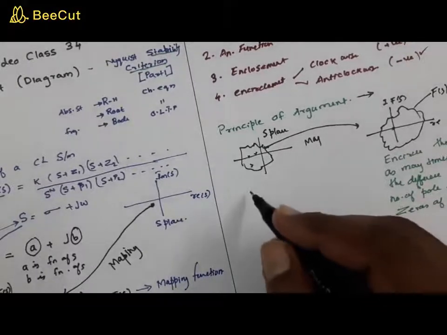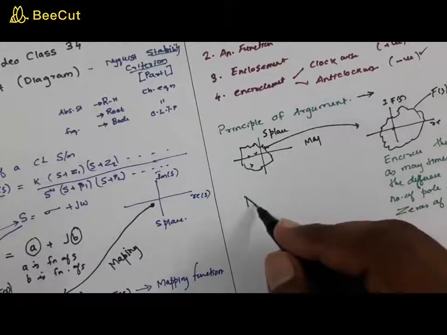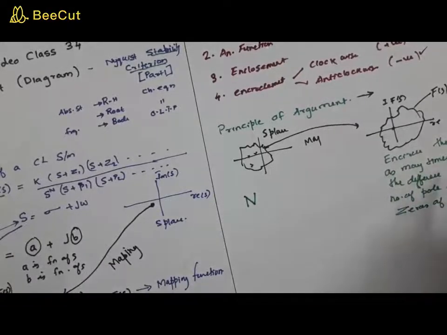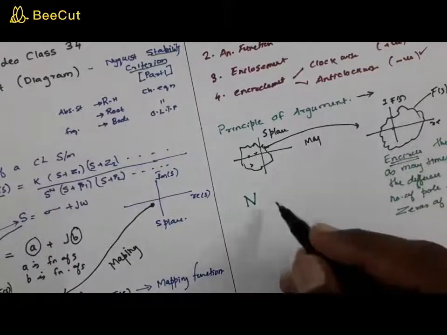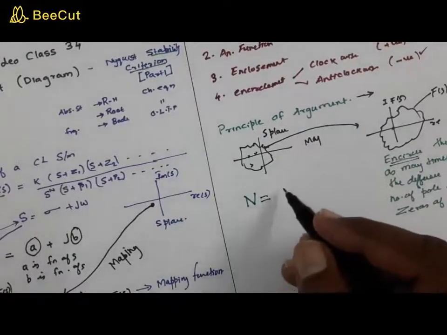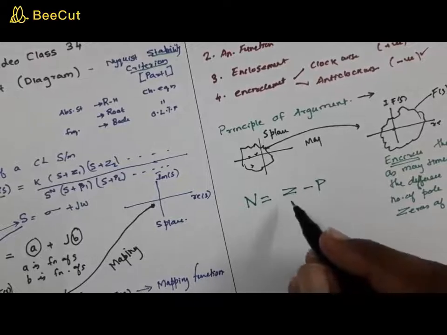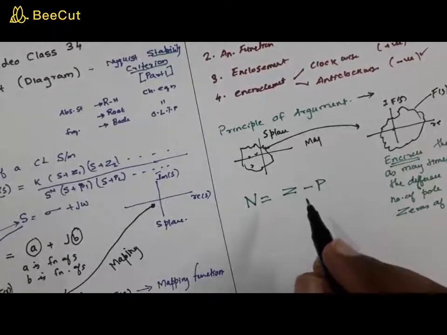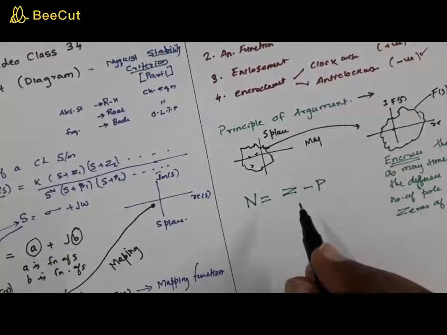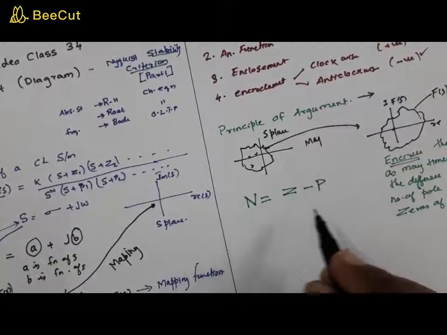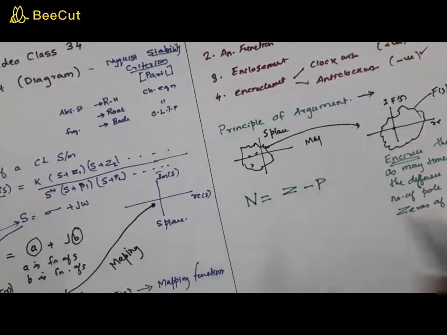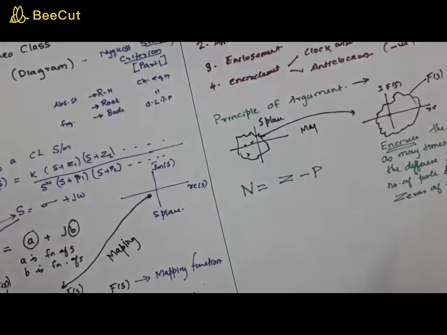So you can define the number of encirclements. We are concerned with the number of encirclements, which will be equal to z minus p, where z is the number of zeros and p is the number of poles.